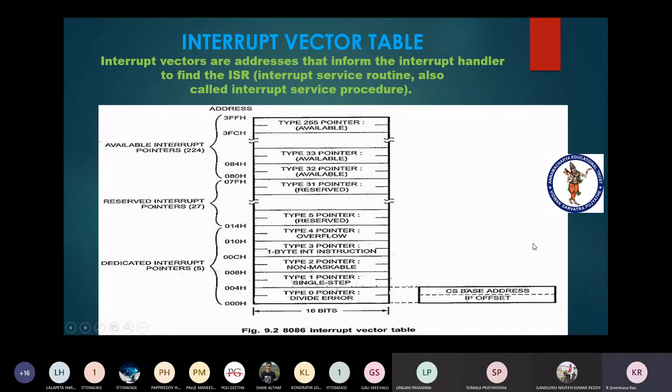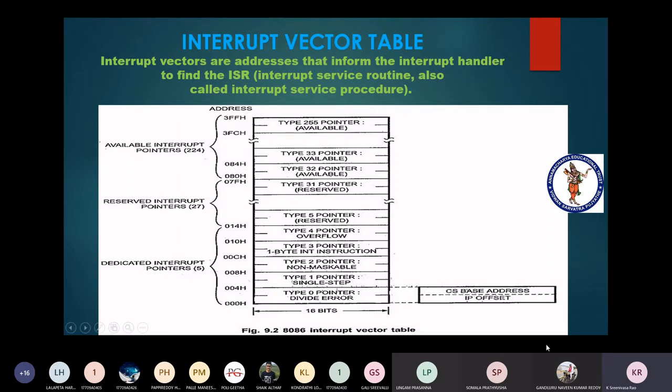But here sometimes they ask: find out the vector address of the type 4 interrupt. Find the vector address of type 4 interrupt. The vector address of the corresponding type interrupt is a multiple of 4. Suppose it is a type 3 interrupt.